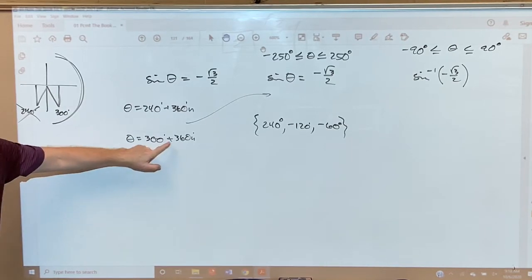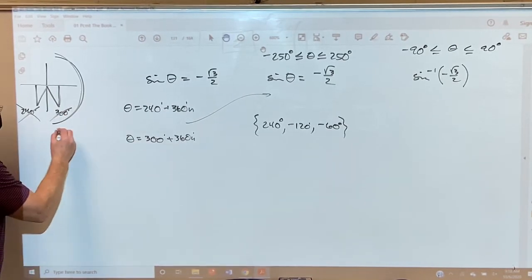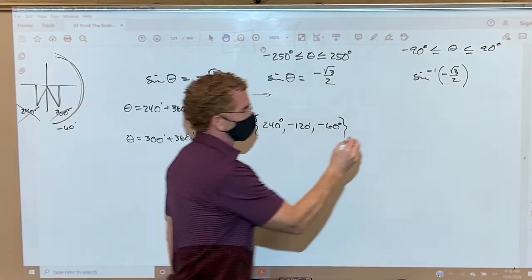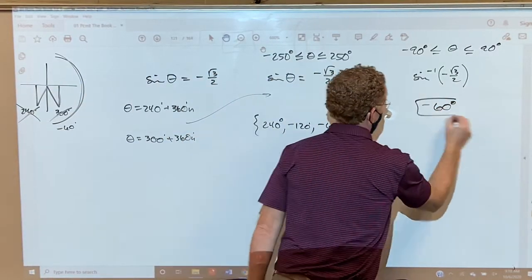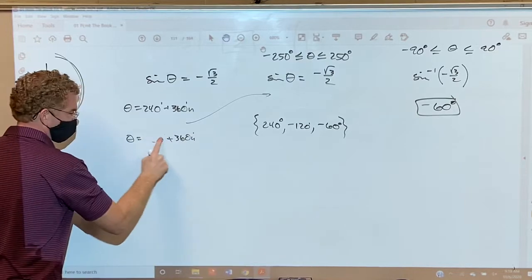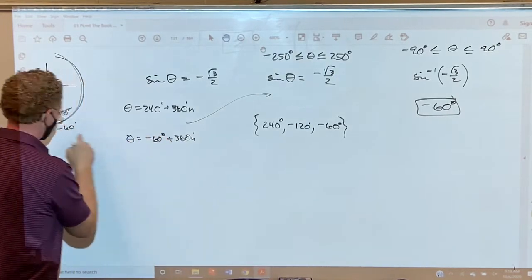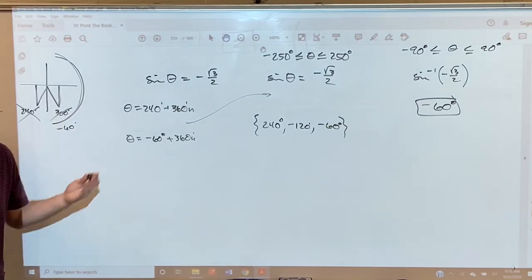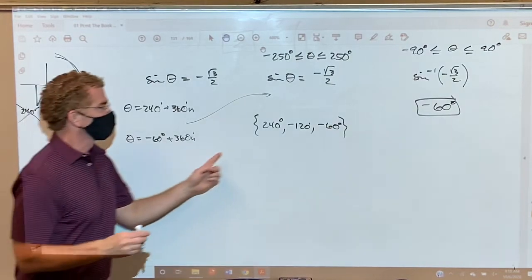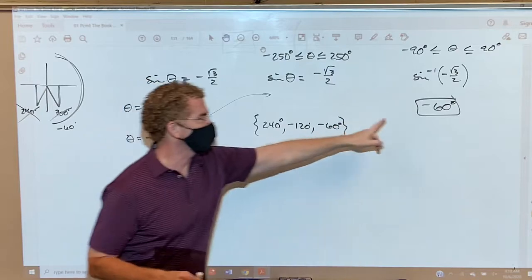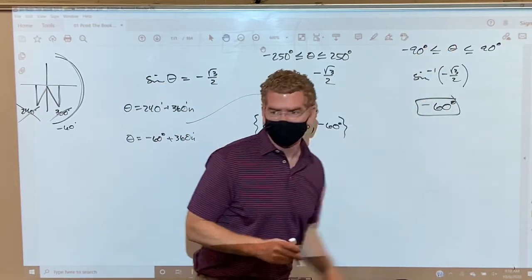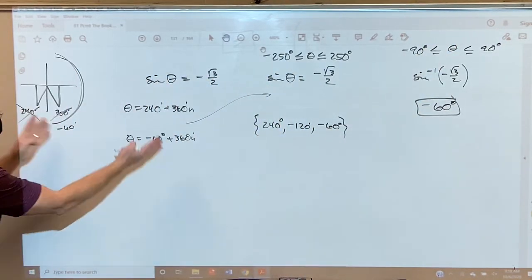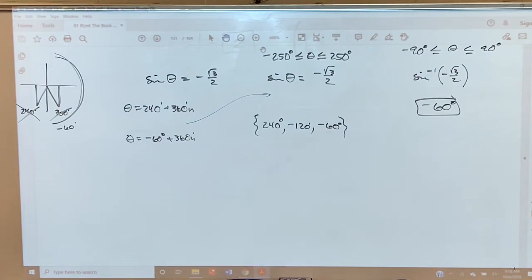Yes. I could subtract the 360 and call that negative 60. And by the way, if you wanted to use negative 60 here, you could. It's the same thing, and it's still out of 360, you still get the 300. But here, you have to use the value that fits. But here, there's an infinite number of answers that could work, because there's no limit on anything.